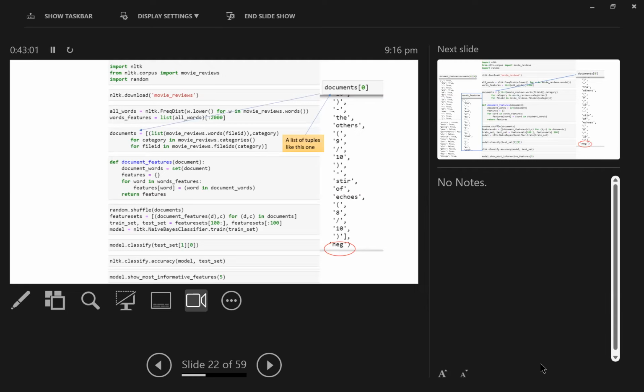Then after that, we use the first 100 of the feature sets as the test data set, and the remaining feature sets as the training data set. And then afterward, all we need is to call the classifier to do the training on the training data set, and we will have a model.